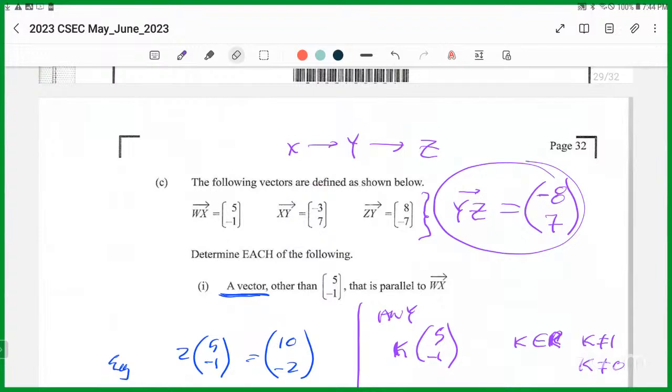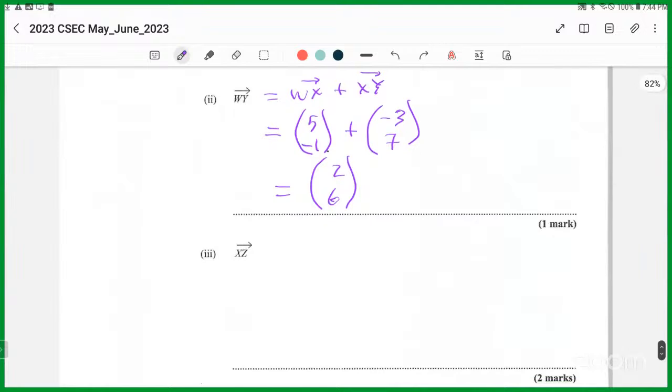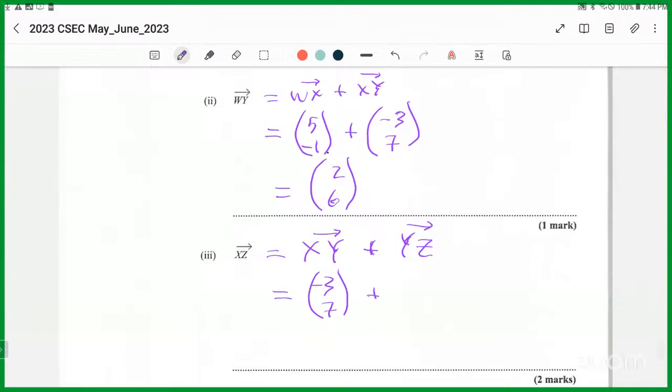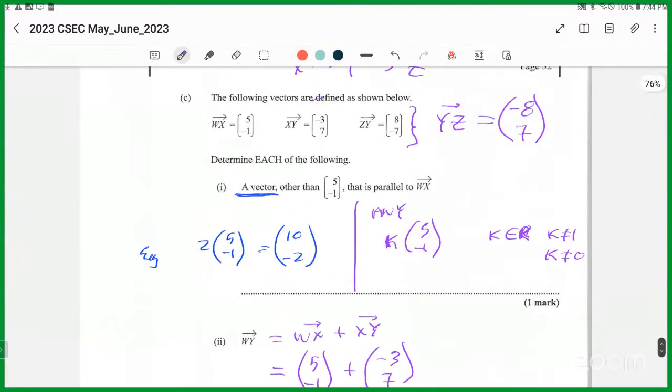Simple as that. I'm leaving this sum up here for the examiner. We go from X to Z. I'm going to go X to Y first, and then Y to Z. The X to Y is -3, 7. Here, -3, 7.